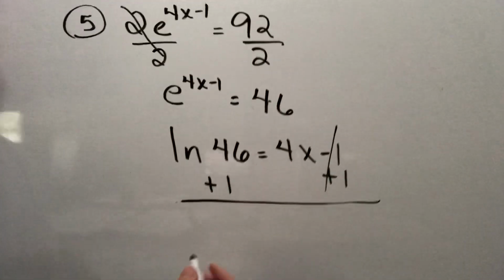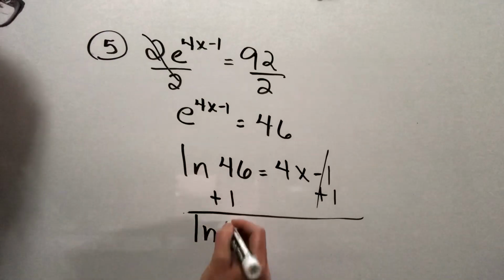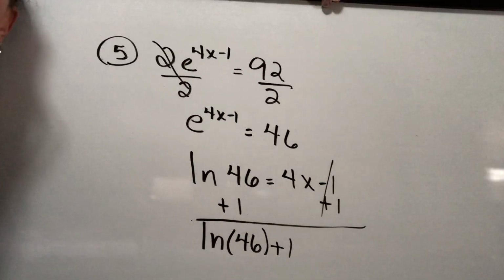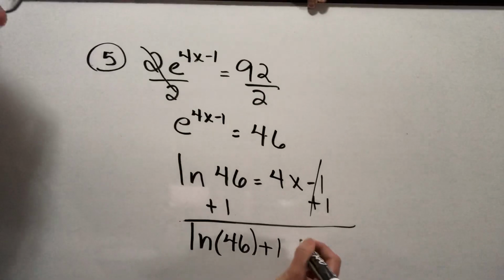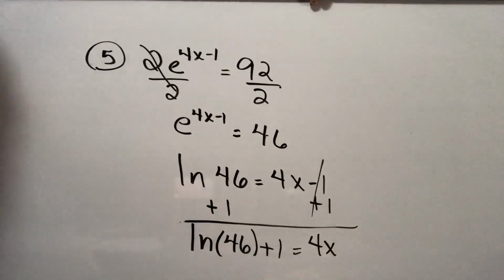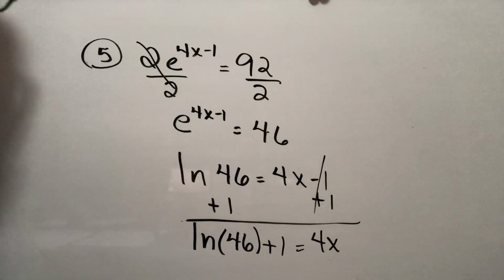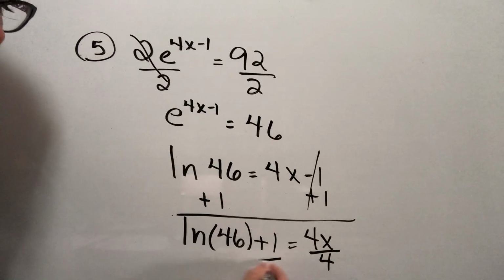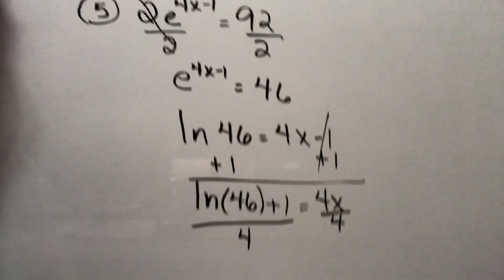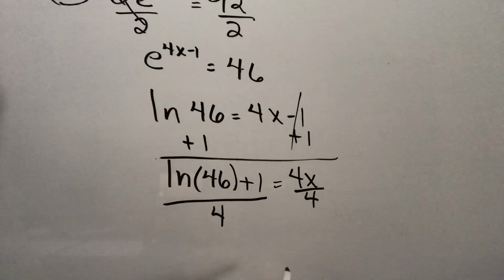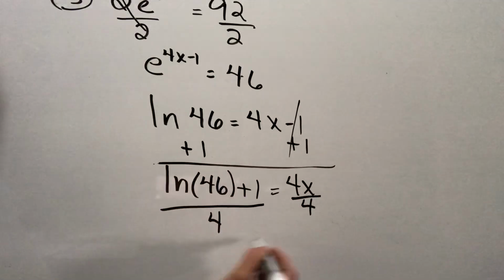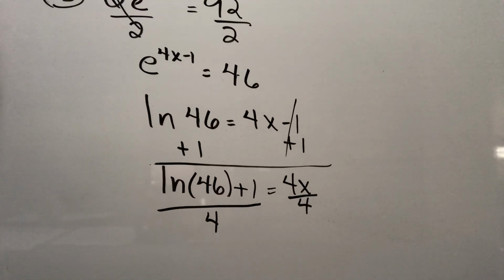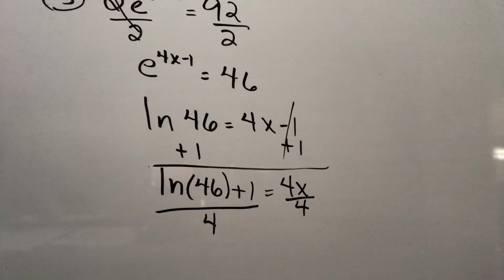So in a minute we're going to be doing the natural log of 46 and then adding 1 to that. So 2 separate things there. Now on the other side I still have 4x. So the other thing I'll have to do is divide by 4. And when I divide by 4, I have to divide the whole thing by 4. So x will be all of this. So this is what we'll put on our calculator. Natural log of 46 plus 1 divided by 4.